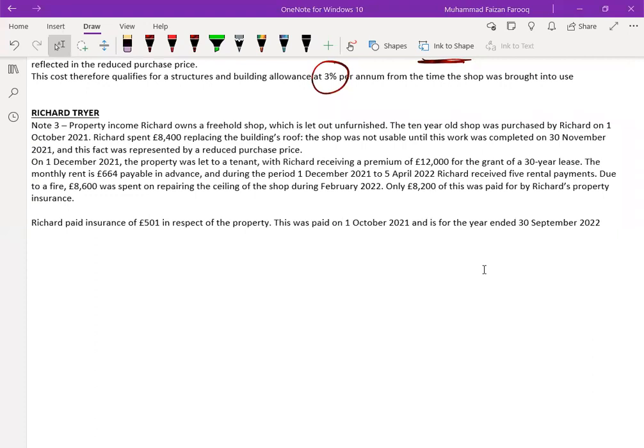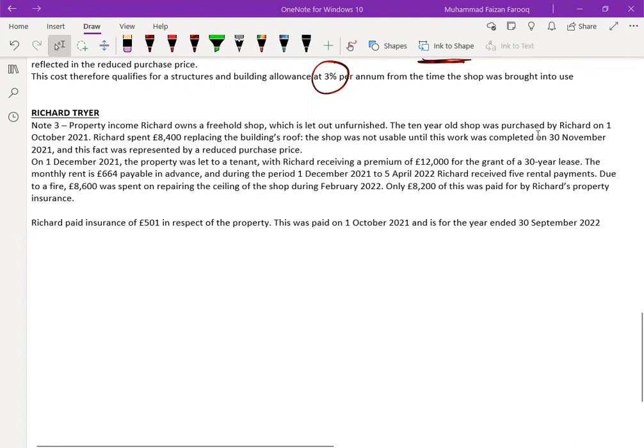CRQ question, Richard Pryor, but we are going to solve only the property income right now. So please read from your hard copy, from your revision kit, note number 3 only. Note 3 property income. Richard owns a freehold shop which is let out unfurnished.